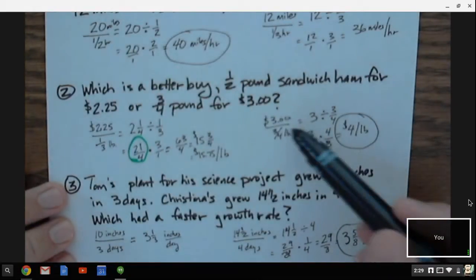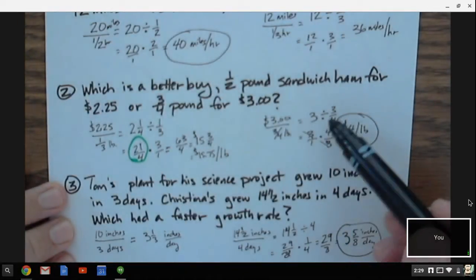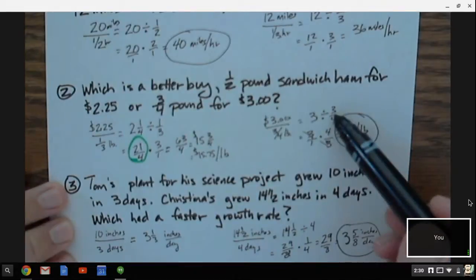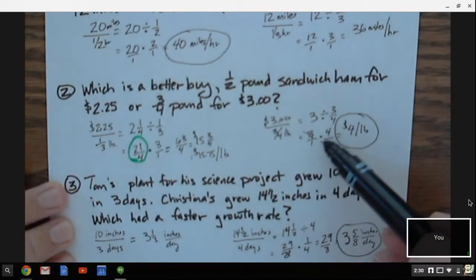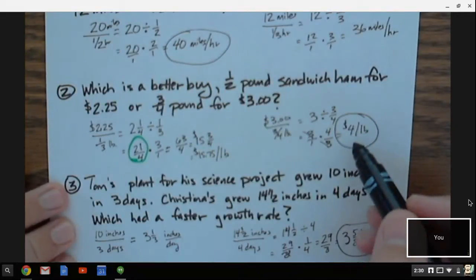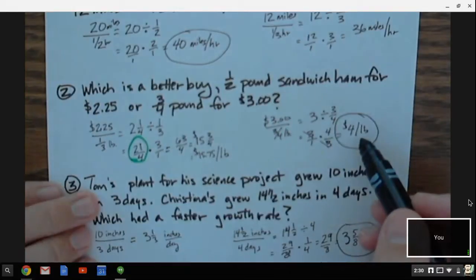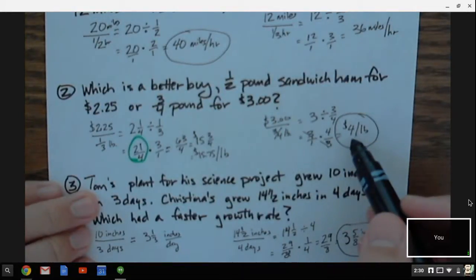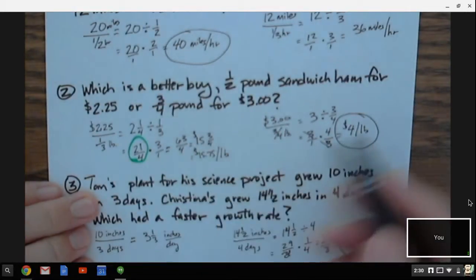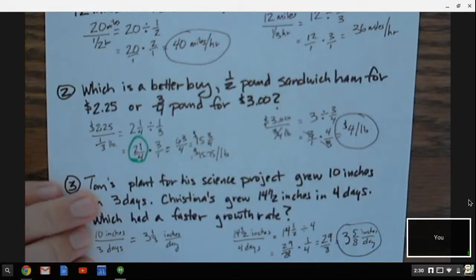Computes the other rate, $3 divided by 3/4, does everything fine. The 3 divided by 3/4, changes to multiplying by the reciprocal, does the multiplication correct, and gets $4 a pound. Now, he compares 4 to 15.75 and says, oh, this is cheaper, circles $4 a pound.